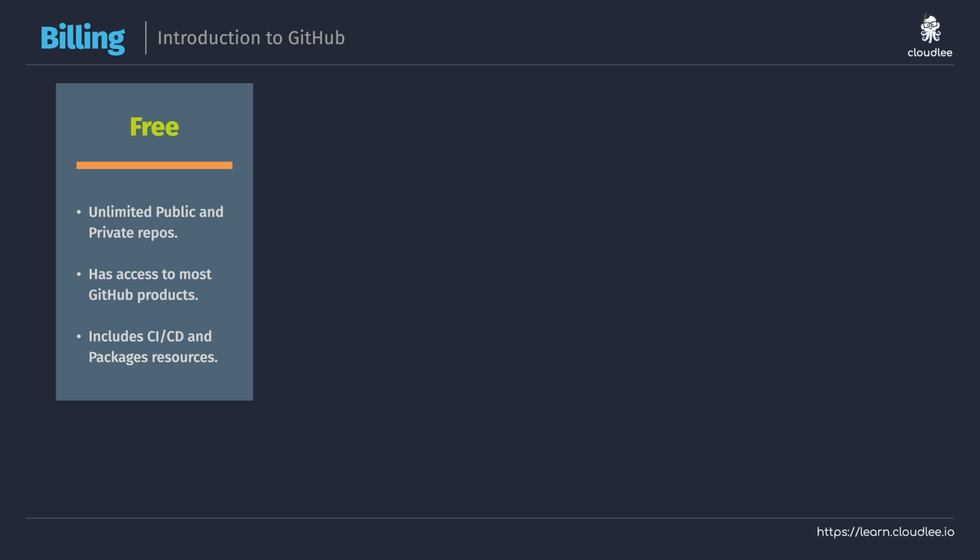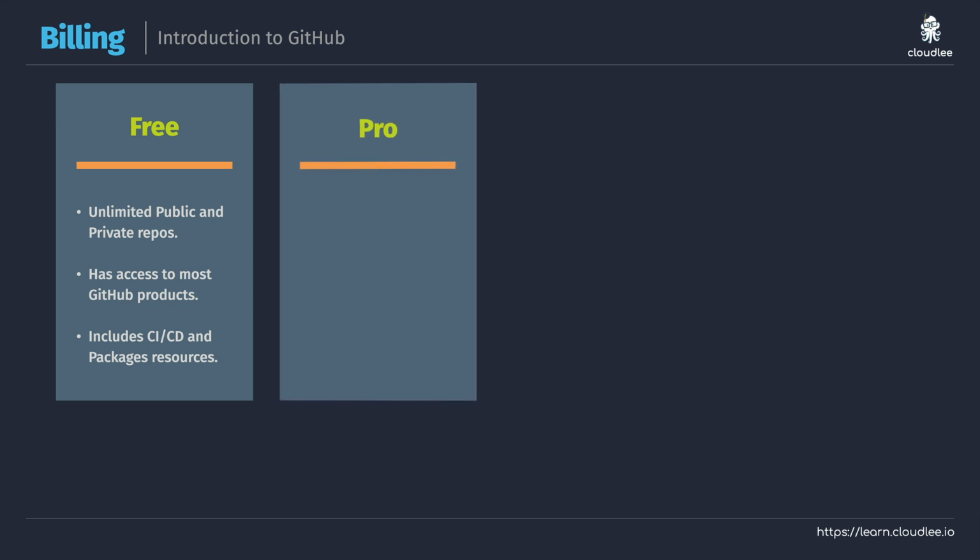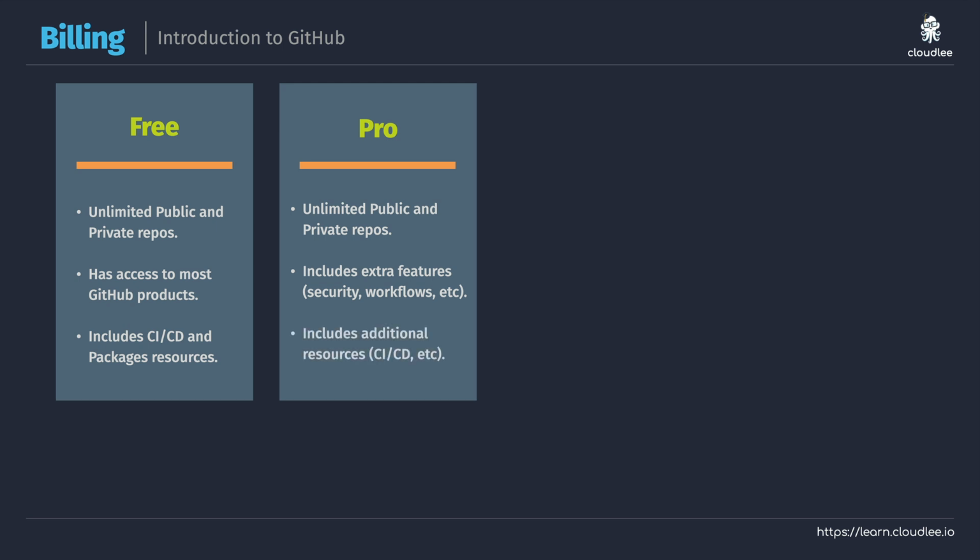If you did want some of those other capabilities, then that's probably where you're going to say, hey, I'm going to upgrade my plan and I'm going to use the Pro offering that is available. Once again, that includes unlimited public and private repos, but you will get additional capabilities that you might have been missing around security, managing workflows, and so on compared to the free plan. Also, when we compare that to the free plan, you will get additional resources, limits, storage amounts, compute capacity, and so on.